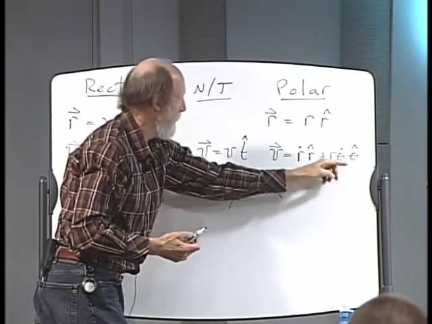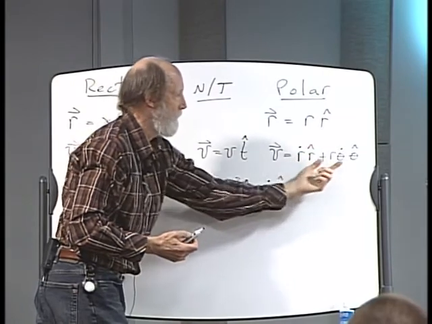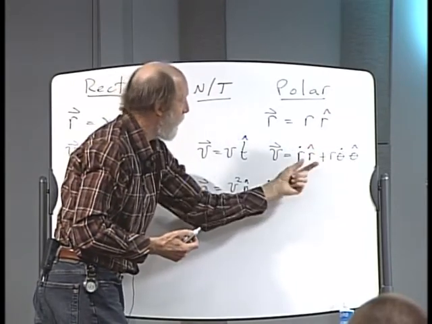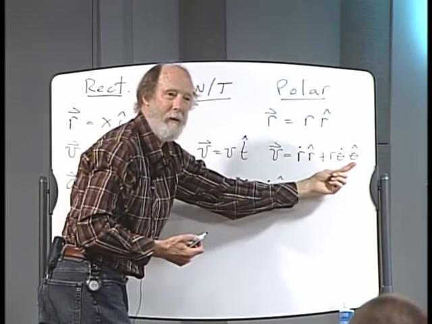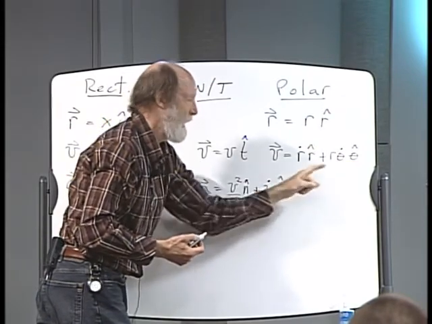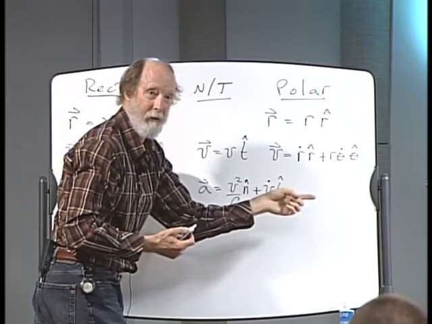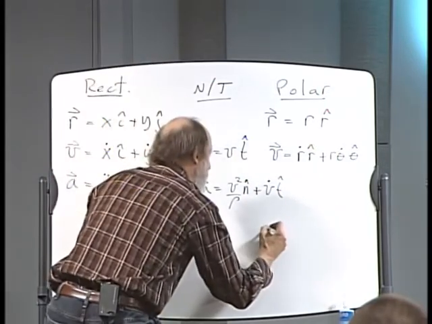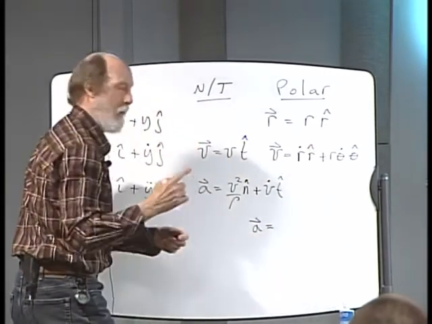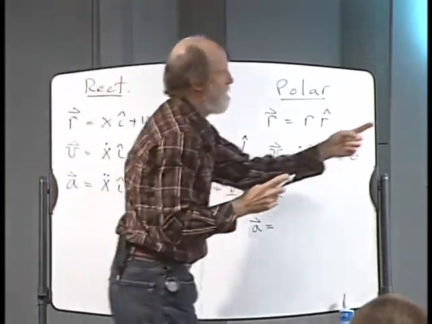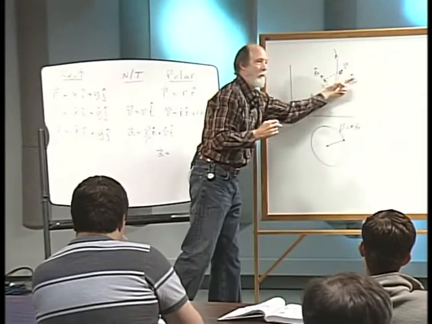So we used the product rule on it, and also discovered what the time rate of change of these unit vectors were. And then we tidied up the terms and collected them. And we ended up in polar, we need a little more space for that, with acceleration having a radial component of acceleration.